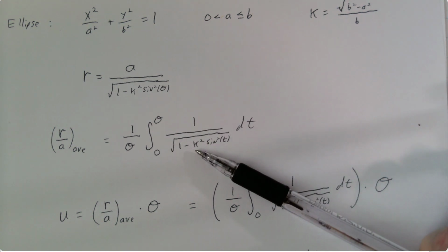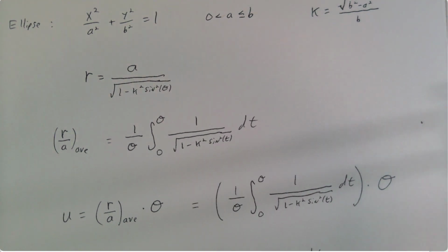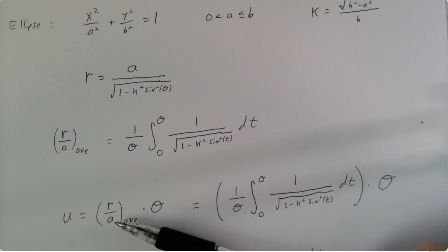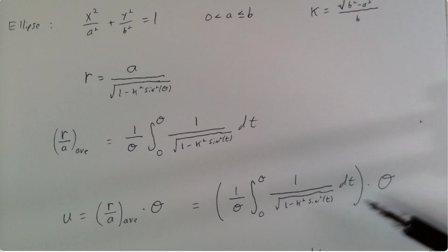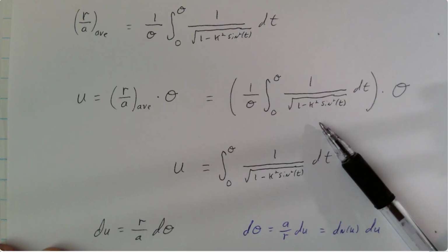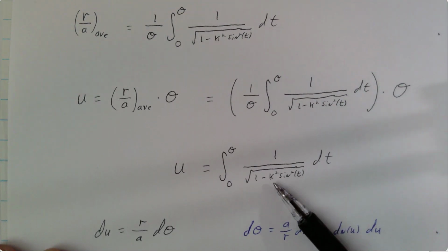If that's the average, it's a running average. As theta increases, it kind of levels off somewhat. But r over a, that running average, times theta would just be this times theta. The thetas will cancel, and we get our standard definition of u.